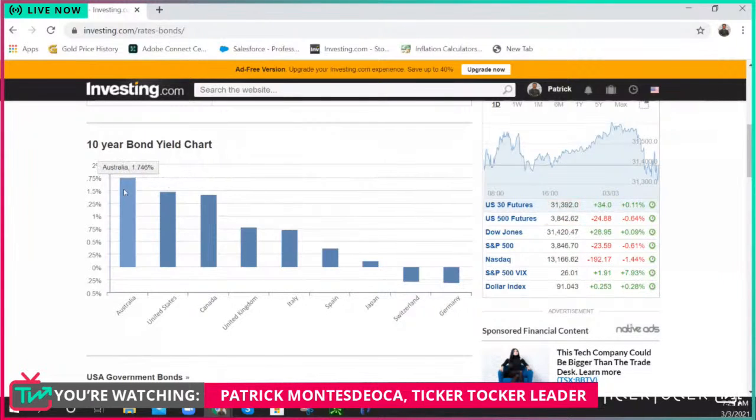The highest yield is in Australia, about 1.75%.